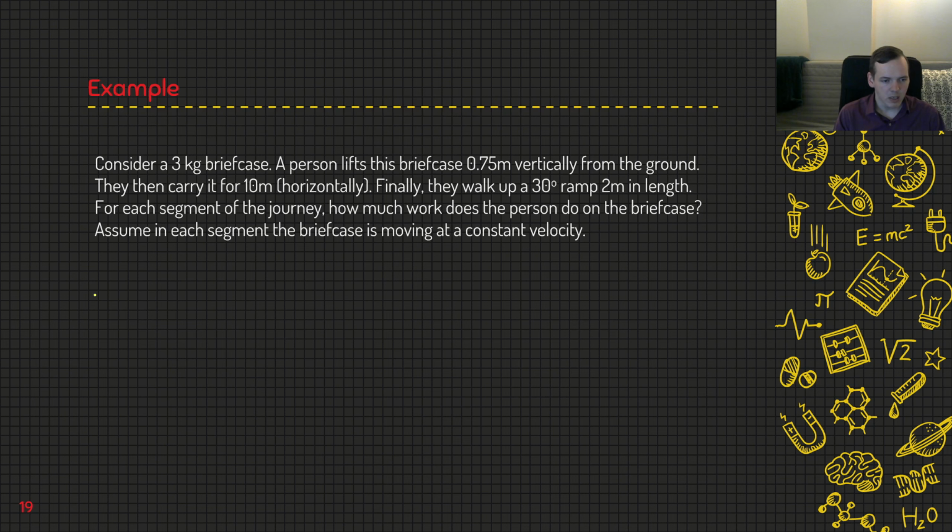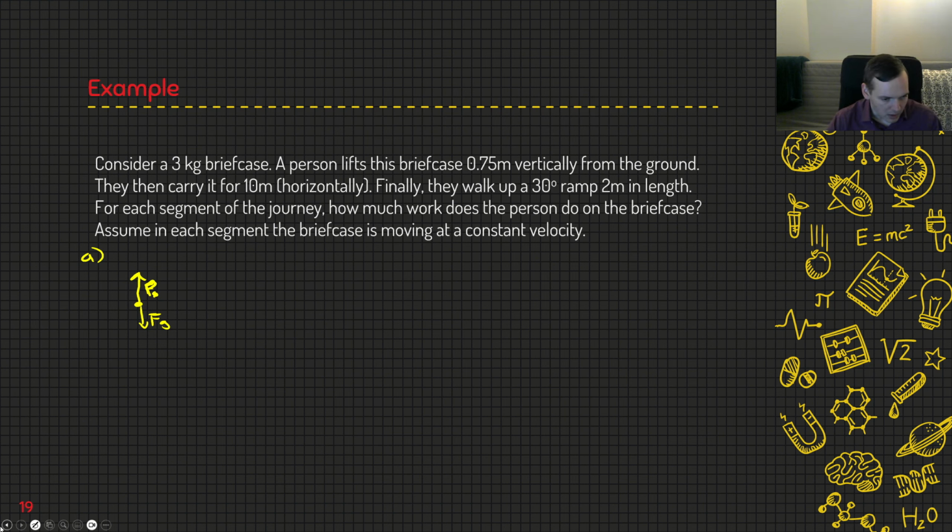If I lift a 3 kilogram briefcase, then what direction am I applying a force? I'm applying a force upward. We'll call that the person force, P, going up, and we have Fg pulling down. We know those have to be matched because it's moving at a constant velocity.